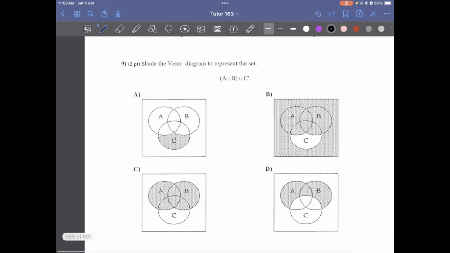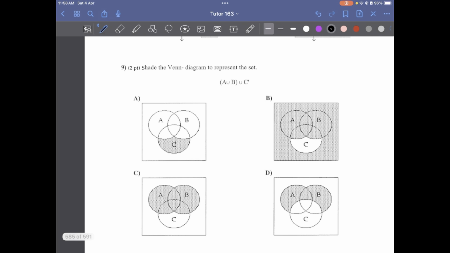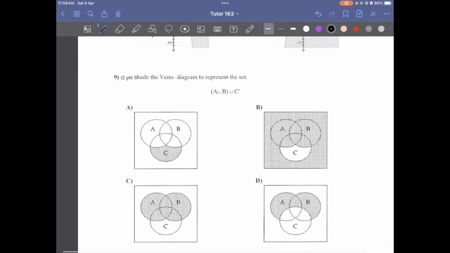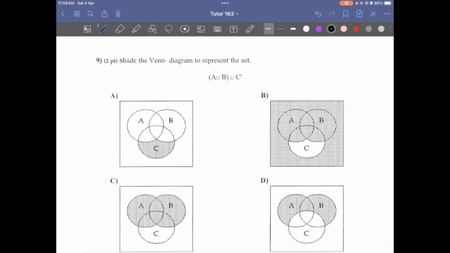Okay, shade the Venn diagram to represent the set A union B, union with everything outside of C, right? So what I like to do is, on a scrap piece of paper, draw my 3 circles.